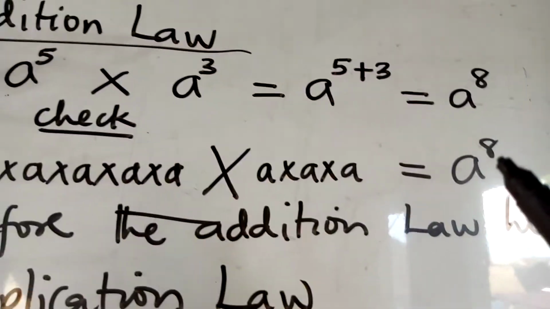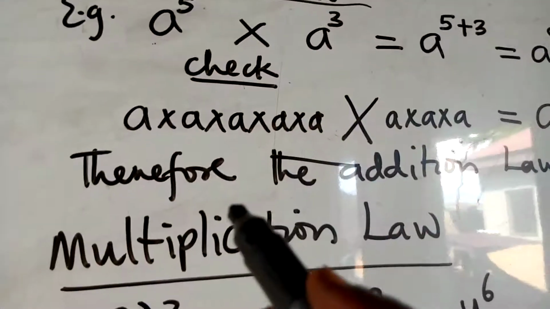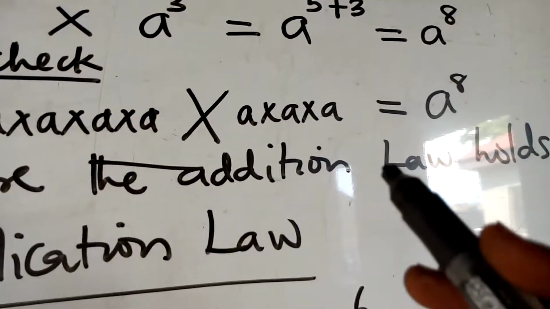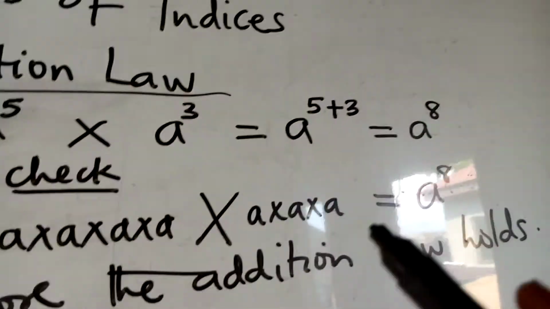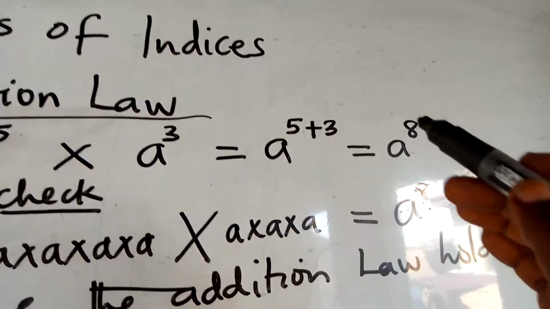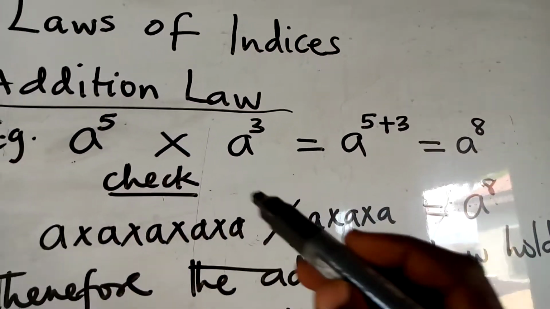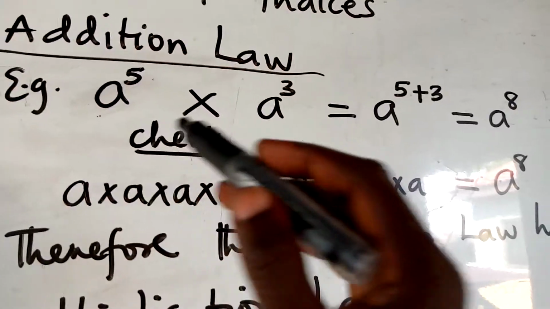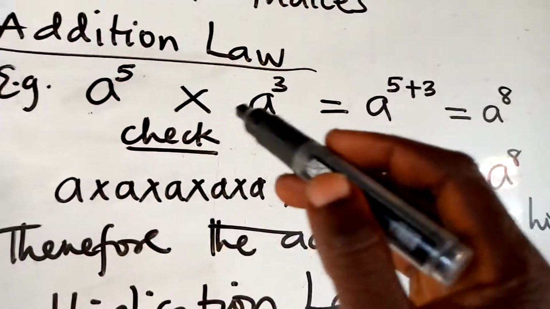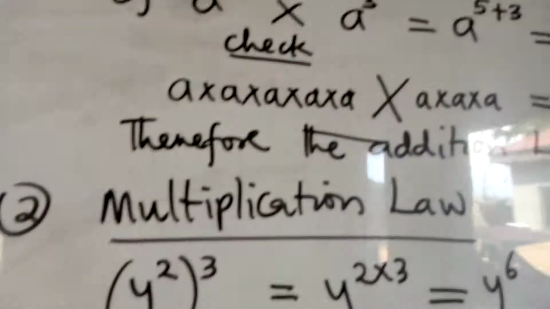A raised to power 8. Hence, we now deduce from there that the addition law holds since their two answers are the same. You understand? So when you see multiplication in between two numbers like this, we add their powers.